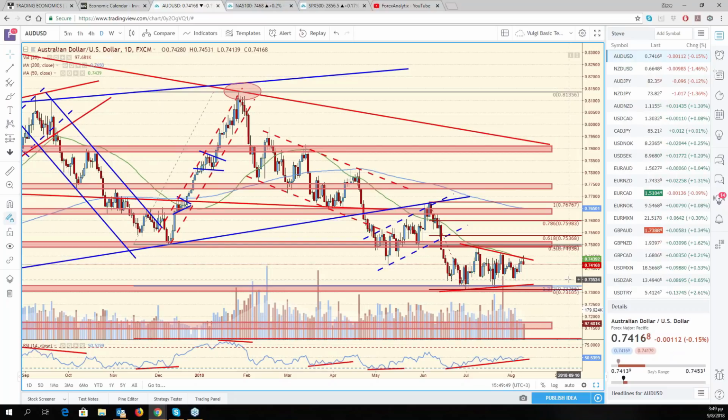Now, I wanted to mention the Aussie. Obviously, the Kiwi broke down, and one of the reasons, the main reason actually, was the RBNZ. Obviously, since the Aussie Kiwi is decently liquid, having seen that big move higher in the Aussie Kiwi, that has definitely helped the Aussie stay somewhat afloat. But despite that, we're seeing another rejection from this trend line resistance.